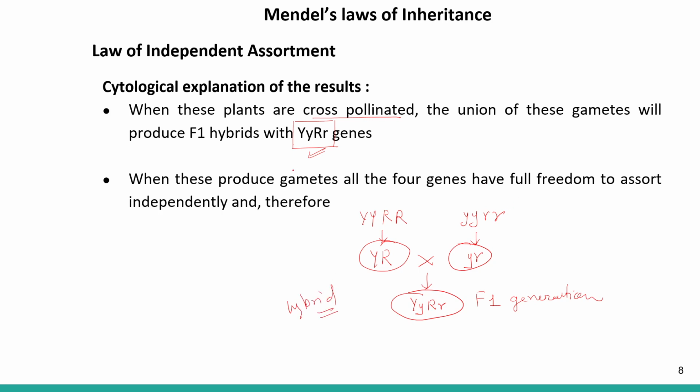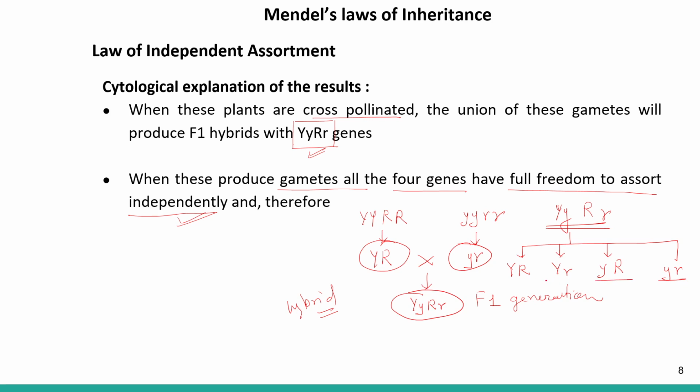When these produce gametes, all four genes have full freedom to assort independently. So with capital Y, small y, capital R, small r, we will have four different types of combination: capital Y capital R, capital Y small r, small y capital R, and small y small r.